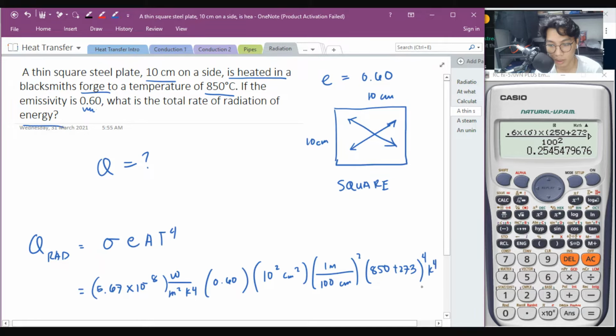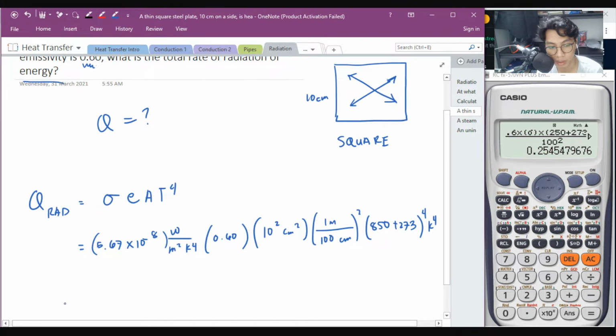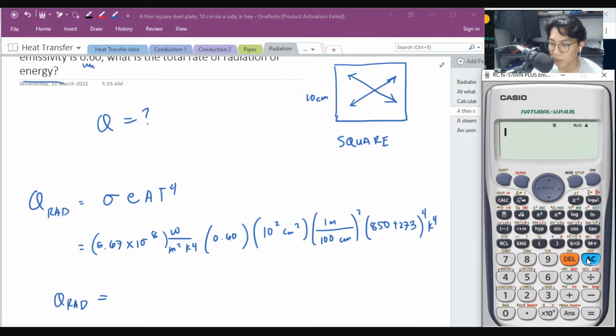Okay. So, what will be the answer for the radiative heat, Q rad? Problems 1, 2, 3 are very basic. Let us calculate. Shift, constant 31, we get the value of sigma, times 0.6 times 10 squared, then times 850 plus 273 raised to the fourth power.